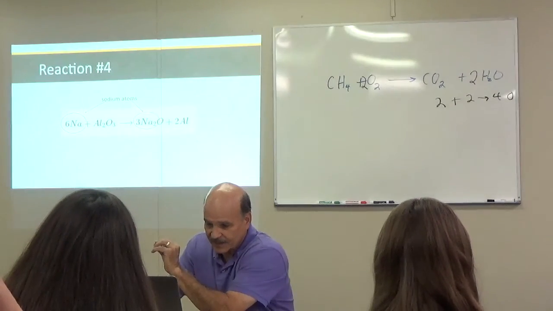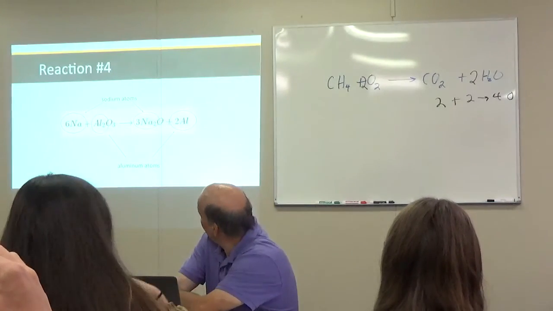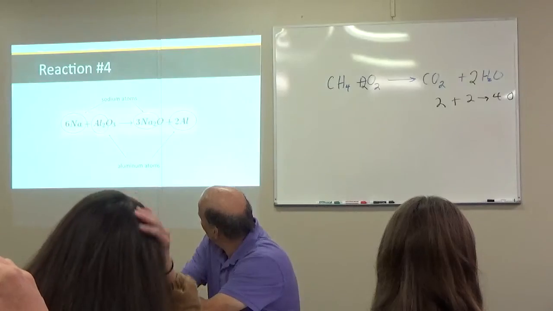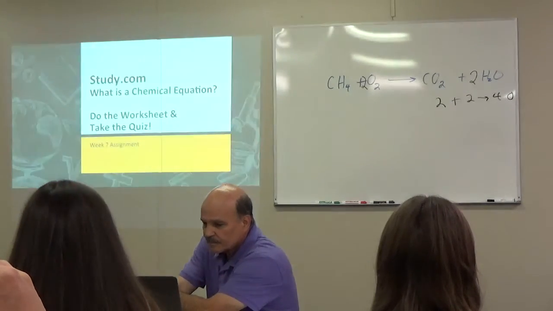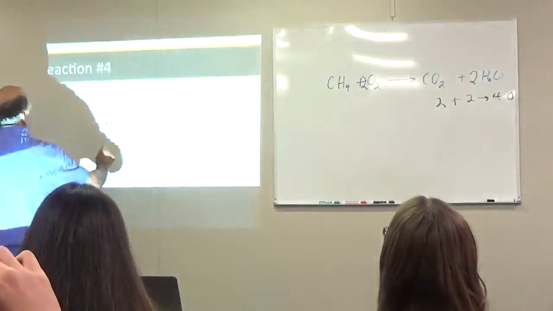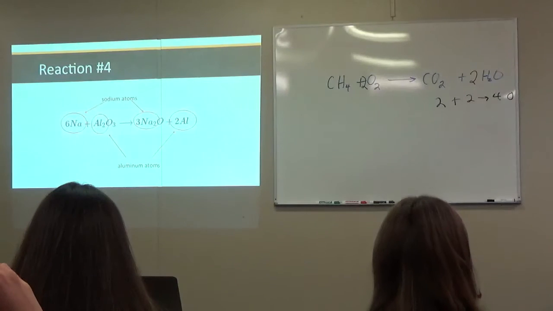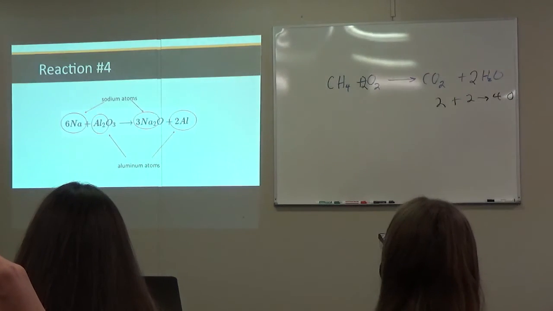The aluminum atoms, 2 aluminum on the left and 2 on the right. How about the oxygen? We have 3 here and 3 times 1, 3 there. So you can tell that the number of each all balances.